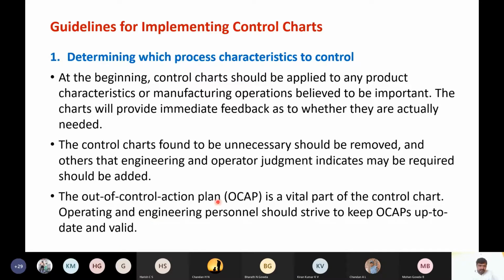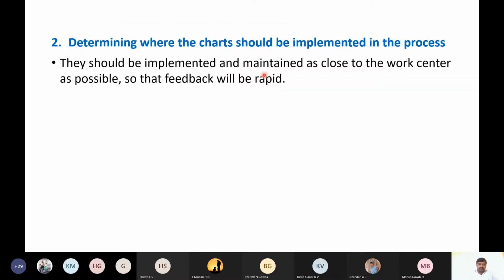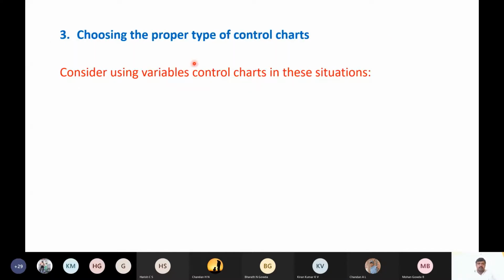Next, determining where the charts should be implemented in the process. They should be implemented and maintained as close to the work center as possible so that feedback will be rapid. Work center means the machine used for production.